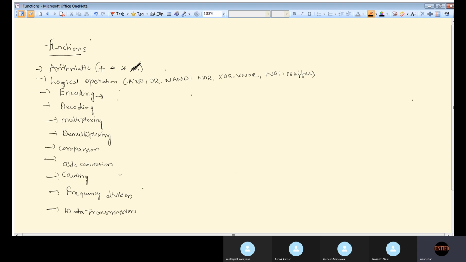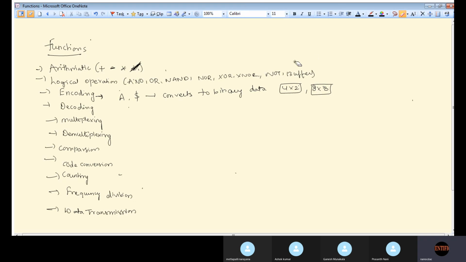It receives digits, like alphabets or symbols, and converts them into binary data. Examples are the 4 to 2 encoder and the 8 to 3 encoder. These are all the encoders.